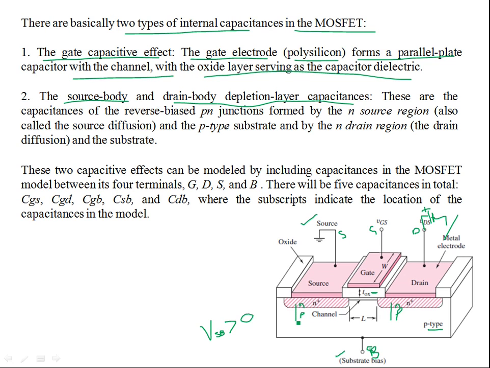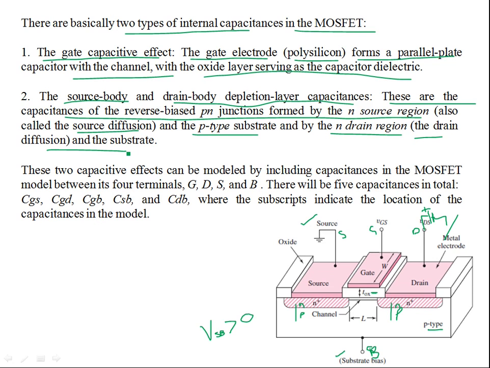The source and the P-type body form a reverse biased PN junction, and the reverse biased PN junction between drain and body is going to have another capacitance that is internal to the transistor. So these are the capacitances of the reverse biased PN junctions formed by the N+ source region, also known as source diffusion, and the P-type substrate, and then the N+ drain region, the drain diffusion, and the substrate.